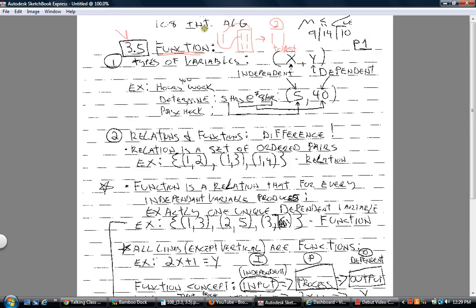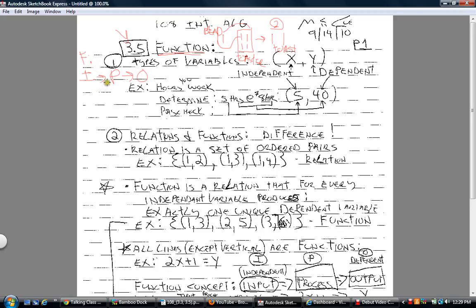So you had bread, it was your input, B-R-E-A-D, bread was your input, the toaster was your process, the output was 2 slices of toast. So a couple ways we're going to teach this to you here, but remember, input, process, output. That is what a function is all about.